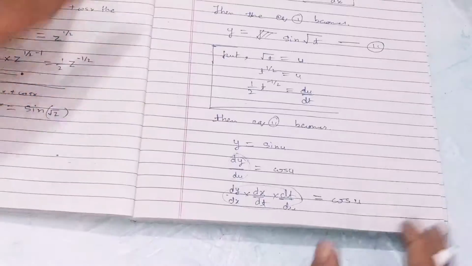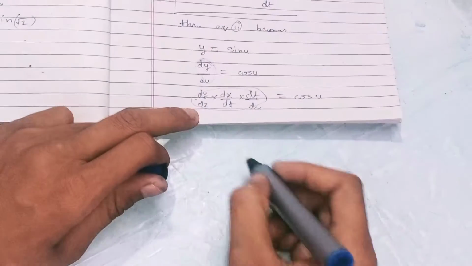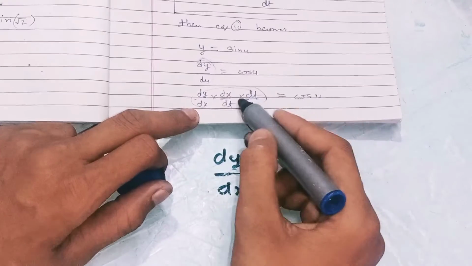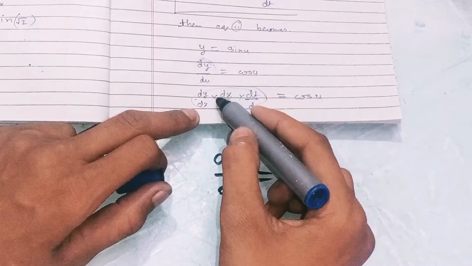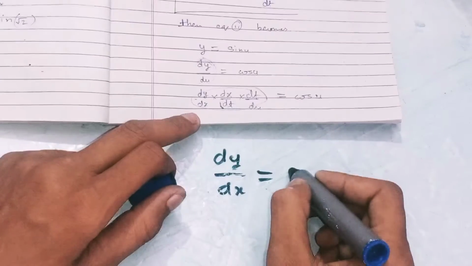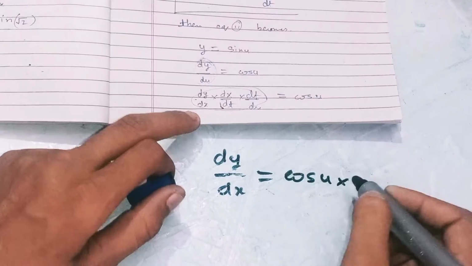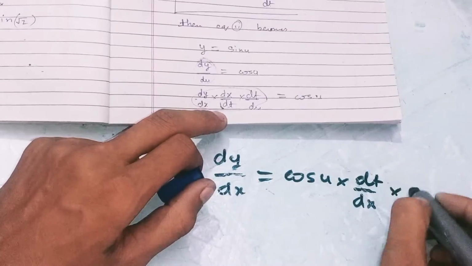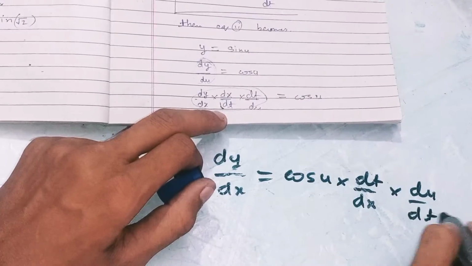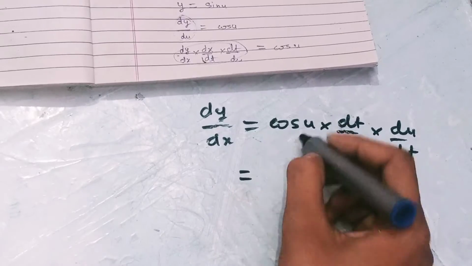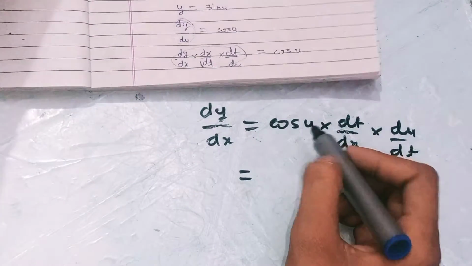Now we have been asked to find dy upon dx, so we will put all these values on the right side. Then we will get dt upon dx and du upon dt, and cos u.